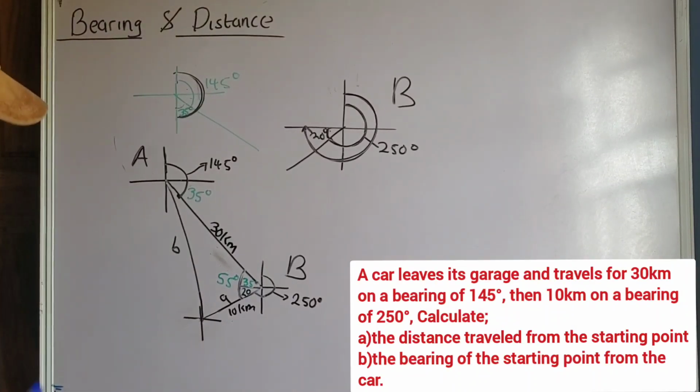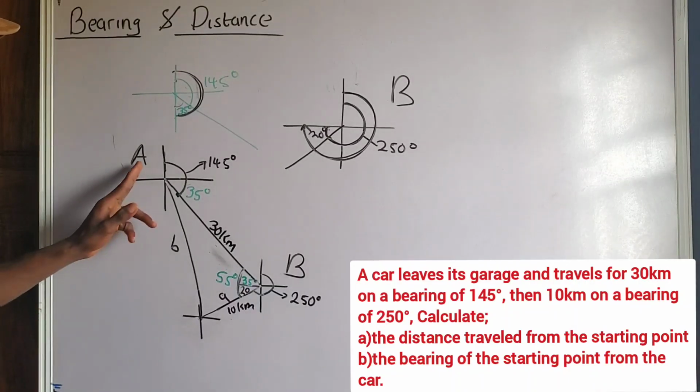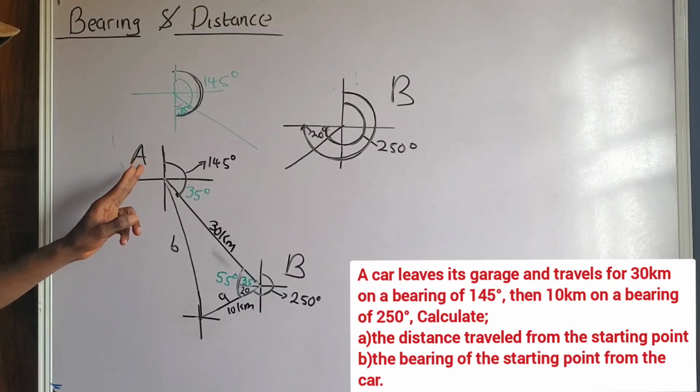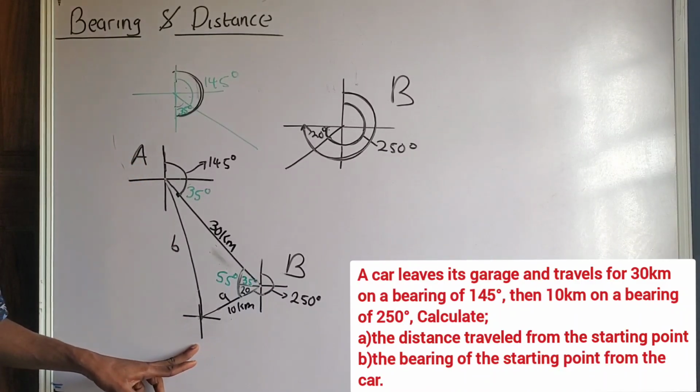So, with respect to the diagram that we have on the board, let us calculate the value of b. Don't forget that b represents the distance of the car from the starting point to where it stops. Do you understand?